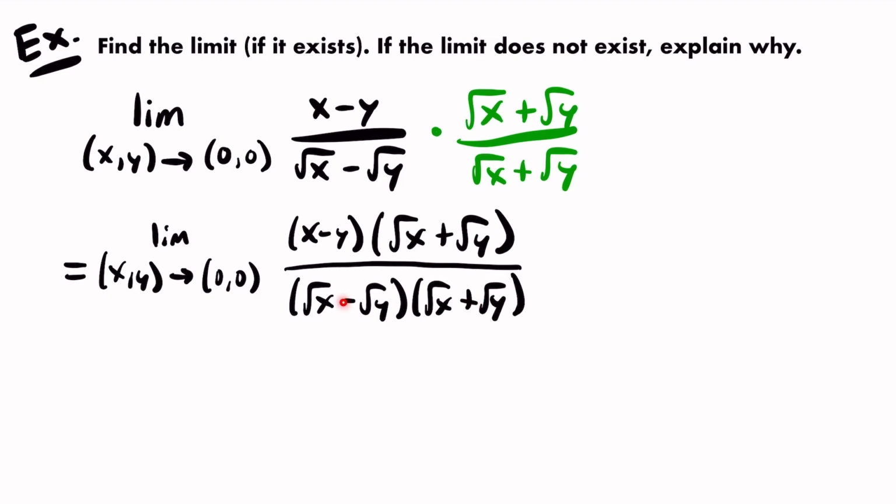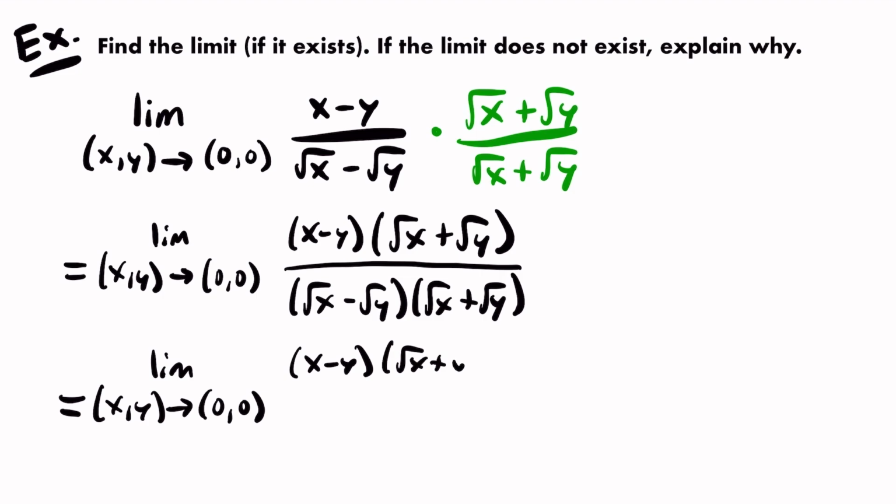Now what we want to do is actually multiply these two factors together, and if you're familiar with multiplying an expression by its conjugate, what you'll get is the first term squared minus the second term squared. So you would get x minus y, but just to show you where that comes from, we would have the limit as (x, y) approaches (0, 0) of that same numerator, so just rewrite it again, and then you're dividing by these two quantities multiplied by each other.